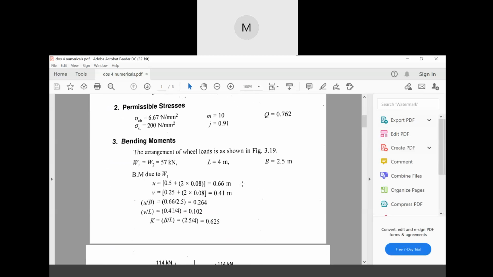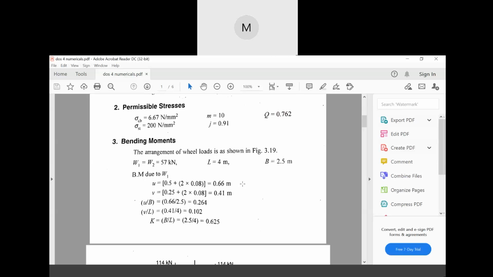I hope you know why, how you find U and V. Now, from this we will be getting U equal to 0.66 meter and V equal to 0.41 meter.